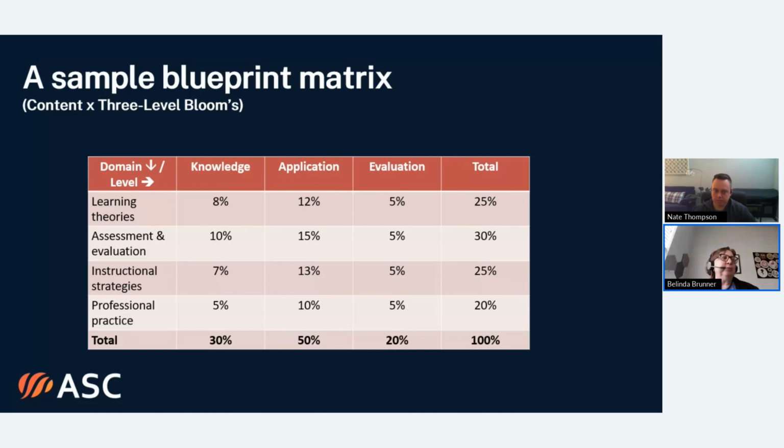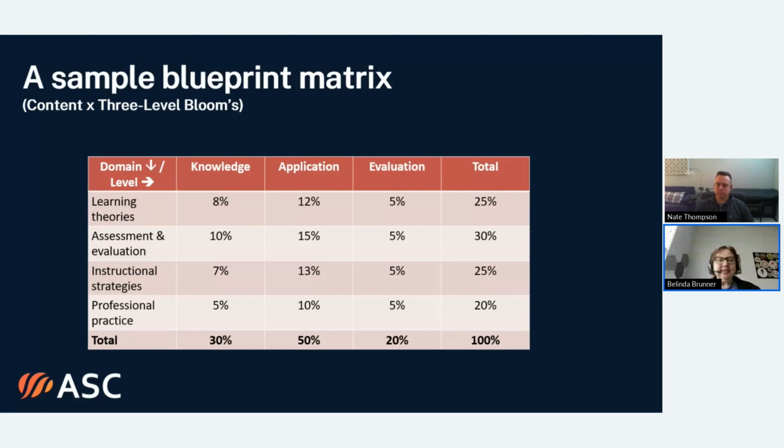But we had the three levels. And there was some sort of formula that looked at and analyzed the verbs of the test blueprint to determine how the distribution was going to be amongst knowledge, application, and evaluation for each of those domain areas.